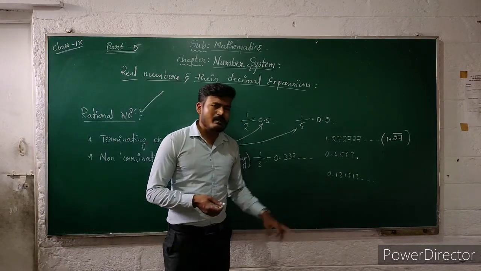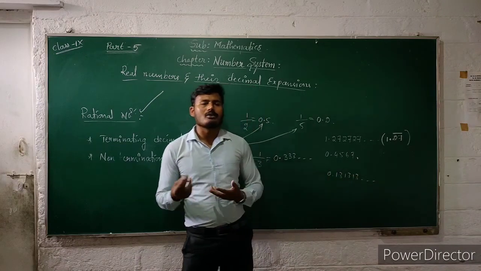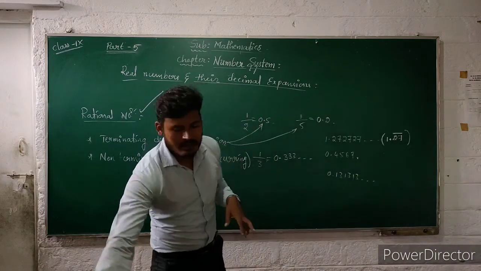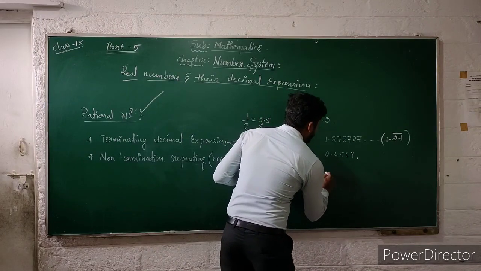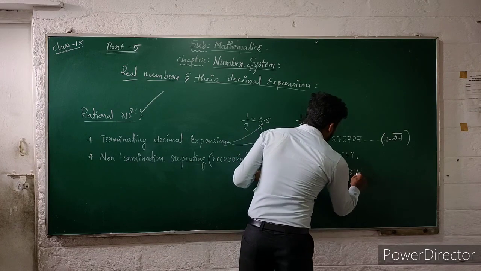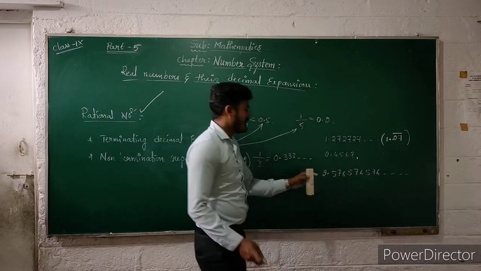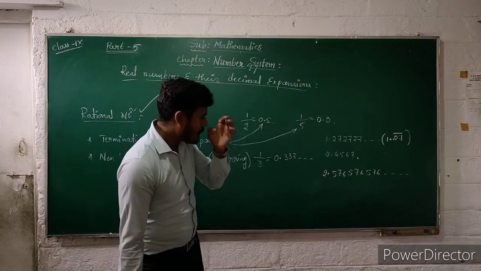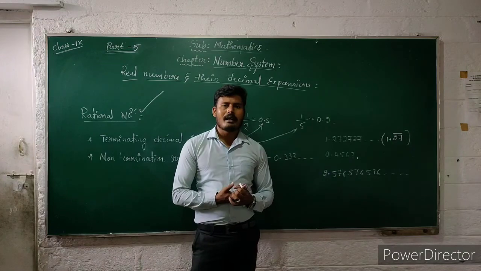Then moving on, the last one, 0.131313 and so on. Or choose another example, a different one, 2.576 and so on. Here is another example, 2.576 and so on.